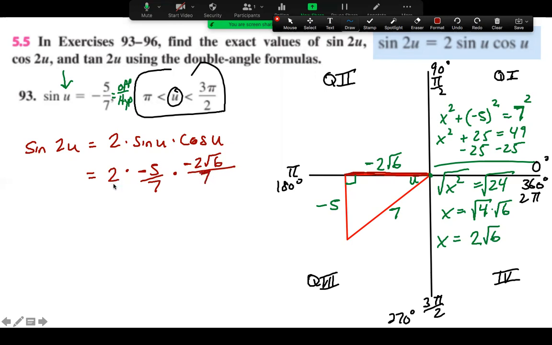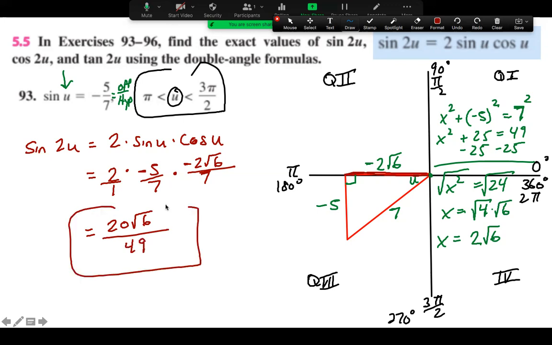If I want to make this whole 2 a fraction, I can put it over 1. So now I have 2 times -5 times -2√6. Let's see, 2 times -5 is -10. -10 times -2 is +20. And bring over my √6 over 1 times 7 is 49. And that is it.